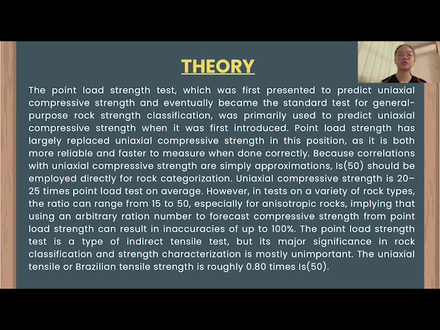The point load strength test is a type of indirect tensile test, but its major significance in rock classification and strength characterization is mostly unimportant. The uniaxial tensile or Brazilian tensile strength is roughly 0.80 times the point load strength index.